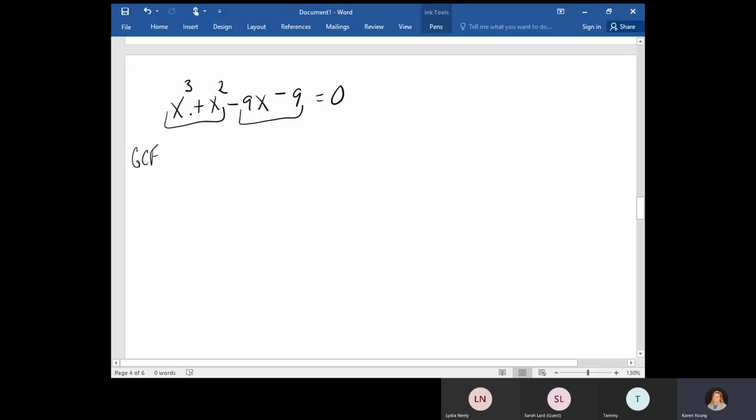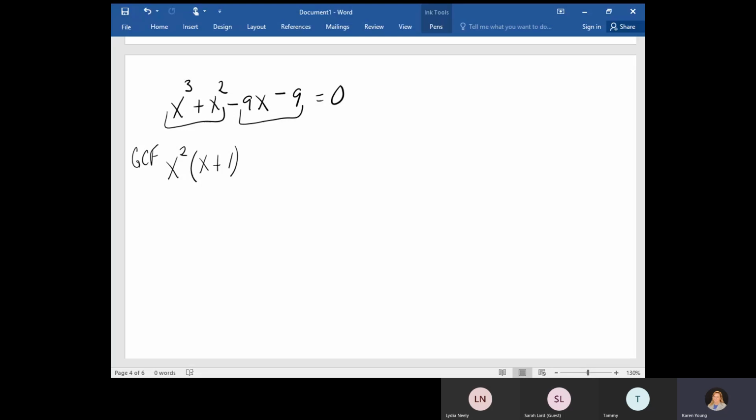So if I look at the first 2 terms, I can take an x squared out, right? So I divide the x cubed by x squared and I get an x. I divide the x squared by x squared, and what do I get? 1. Because we're doing x squared divided by x squared, so it's like saying 2 divided by 2.